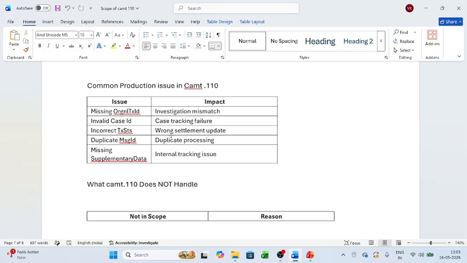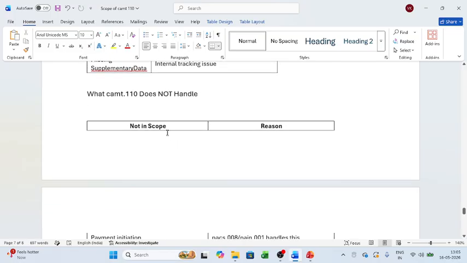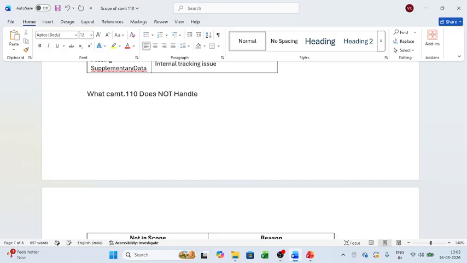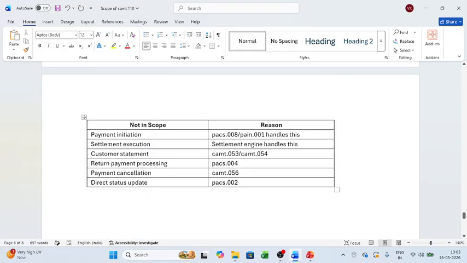And what are the things the camt.110 does not handle? Payment initiation, you know very well, is handled only by pain.001. Payment processing is handled only by pacs.008. All settlement execution is handled by the settlement engine. Customer statements are camt.053 and 054. Return process is pacs.004.